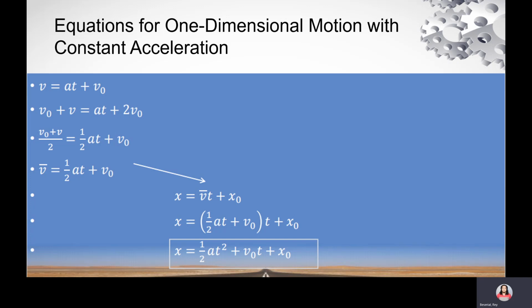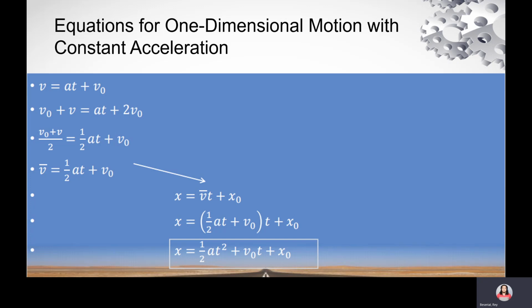So from here, makukuha natin yung ating X, yung ating final position. So meron tayong average velocity times time plus initial position. So from there, ito siya, i-substitute itong value na to. So meron tayong final position na 1/2 acceleration times time plus initial velocity times time plus yung ating initial position.